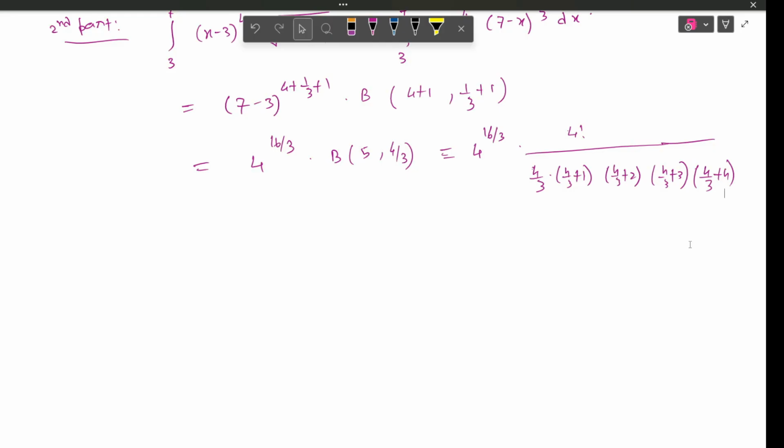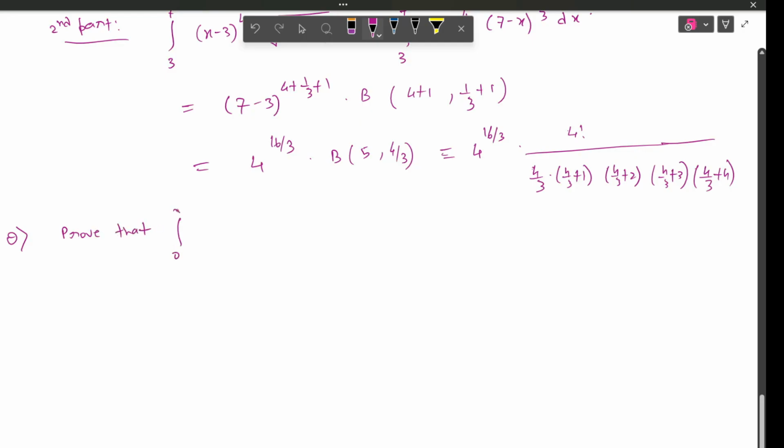Now let's see another question, that is, prove that integration 0 to infinity e to the power minus x to the power 4 into x square dx multiplied with integration 0 to infinity e to the power minus x to the power 4 into dx, which is pi by 8 root 2.